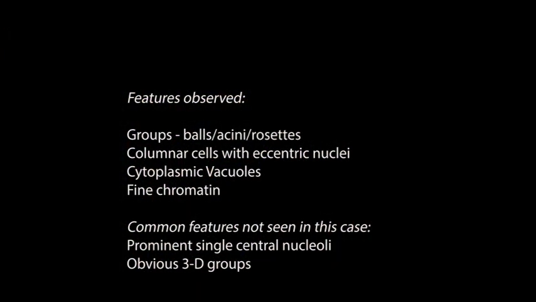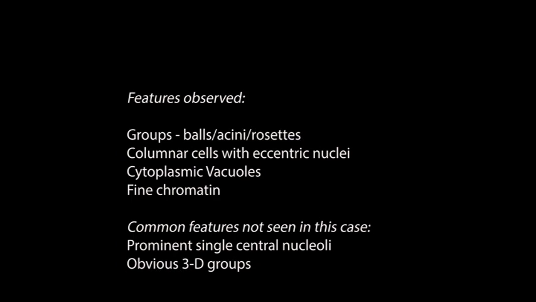So the features that we can see in this case are that there are groups of cells arranged in particularly acini arrangements and balls. The cells themselves have a columnar shape to them with a nucleus eccentric that is polarized at one end. They have cytoplasmic vacuoles, targetoid ones and small punctate ones.